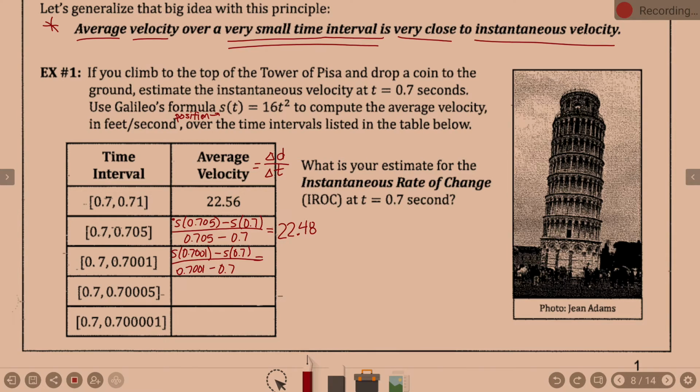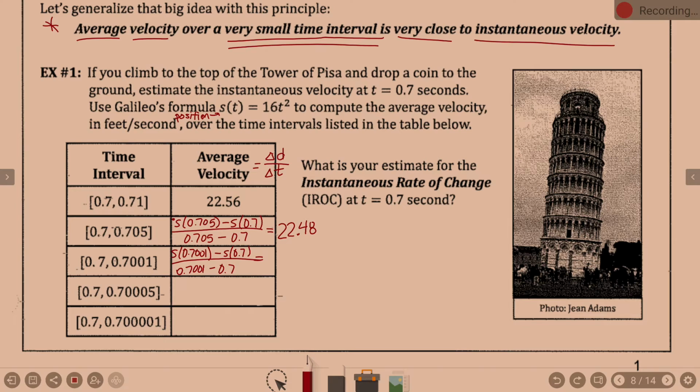Okay, so there it says Y1. So Y1 or Y2 or any of those, where did I type my equation in? Y1. So I'm going to pick Y1 there, and then I'm going to put parentheses after it, like it's S of something. That Y1 is taking the position of S. So this is saying I'm going to evaluate Y1 at 0.7001 minus Y1 again.